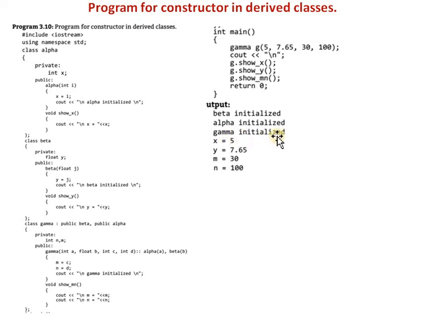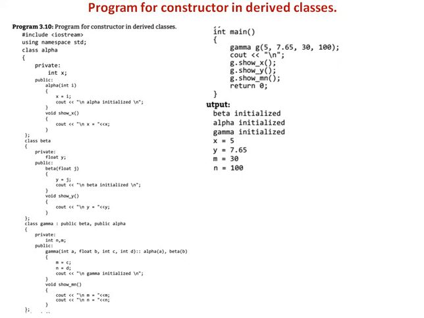So here the message gamma initialized is displayed, and values for the respective variables which are assigned to the derived class constructor are assigned to the base class data members. So here x gets the value 5, y gets the value 7.65, m gets the value 30, and n gets the value 100. This is the program for constructors used in derived classes.